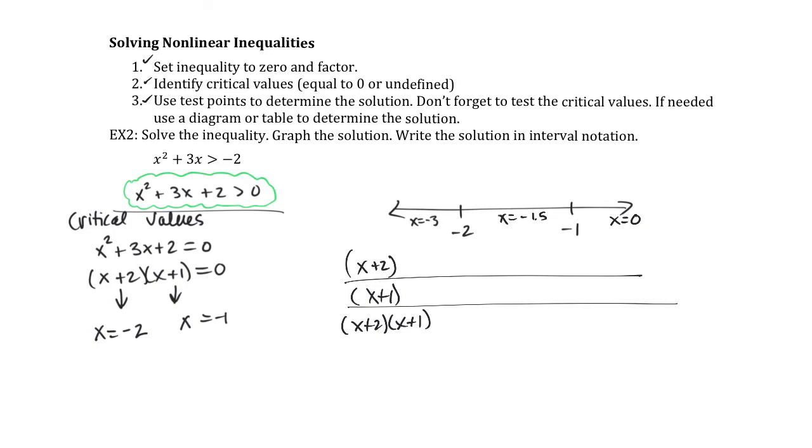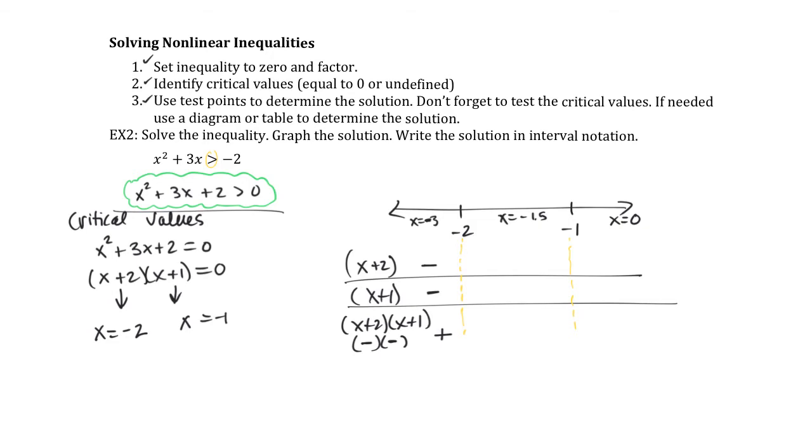Because this is greater than, it can't actually equal 0, so those are not going to be part of the solution. Let's see what happens at -3. -3 plus 2 is negative, and -3 plus 1 is negative. A negative times a negative would be positive in that section of the graph.